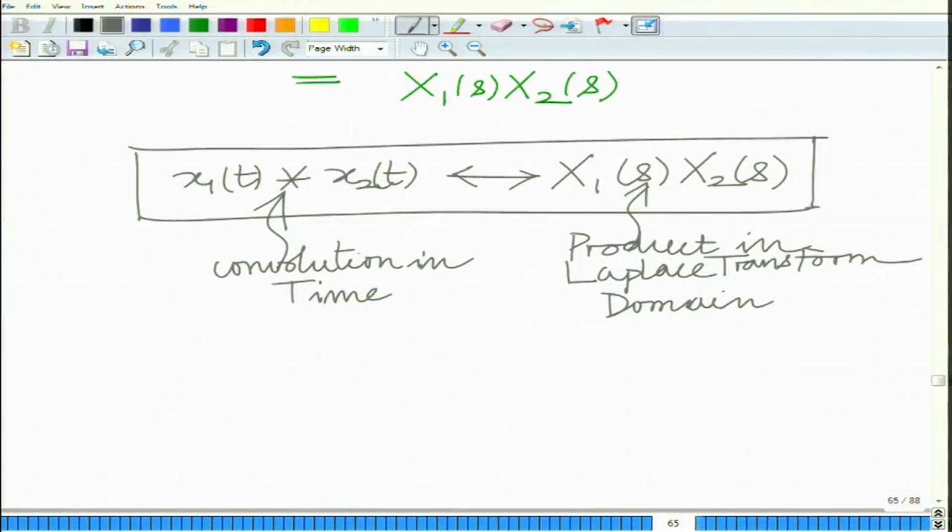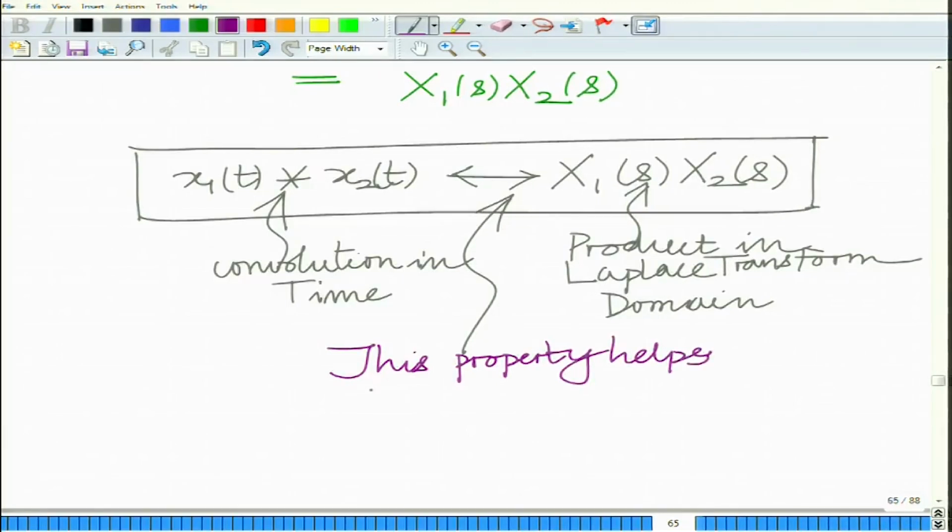What it does, it helps easily evaluate the convolution between two signals.